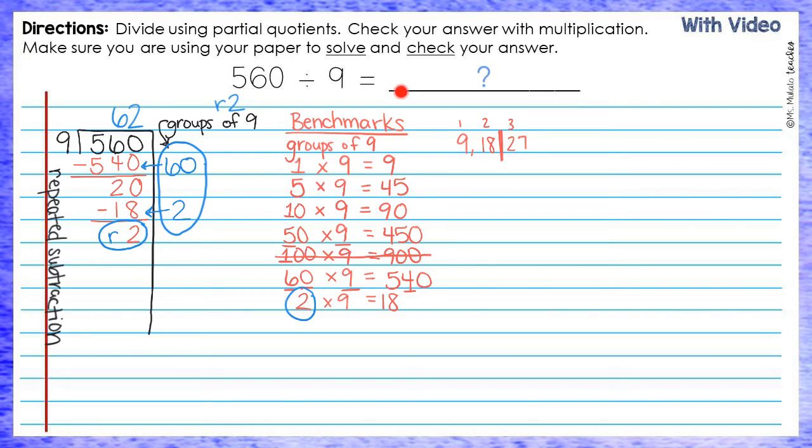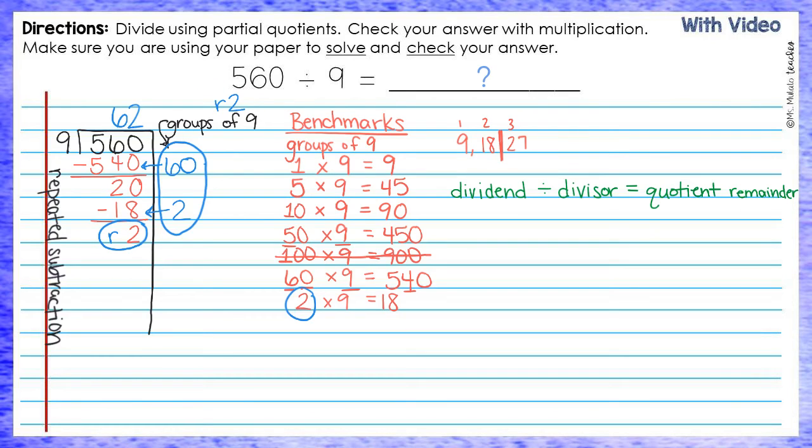Before we can go to the next slide and type in our answer that we got, we need to check our work to see if we're correct. So we must know that in division, the first number is our dividend. Then we're dividing by our divisor, which is the number of groups that we're splitting our dividend into. And our answer is called the quotient. What is left over is the remainder.